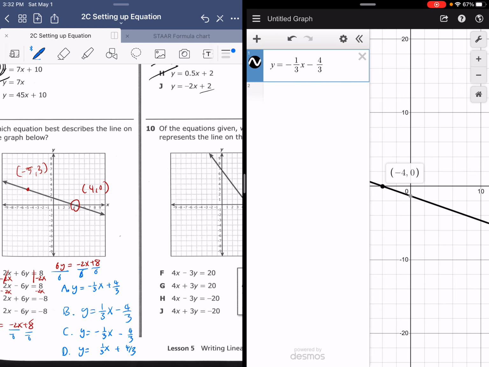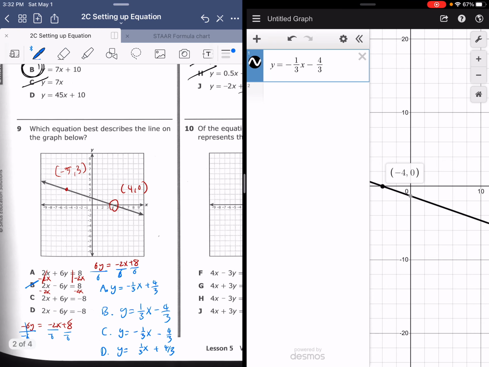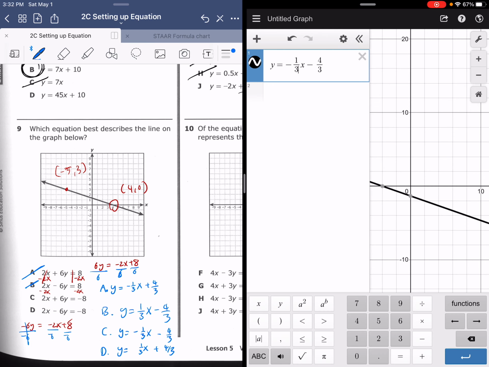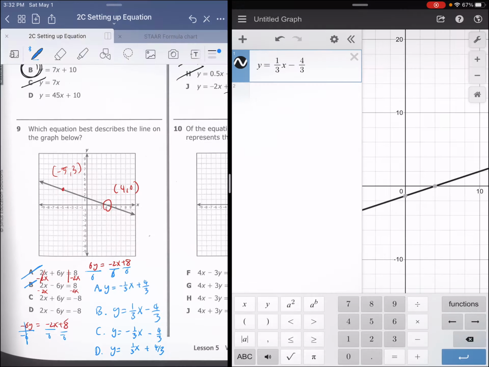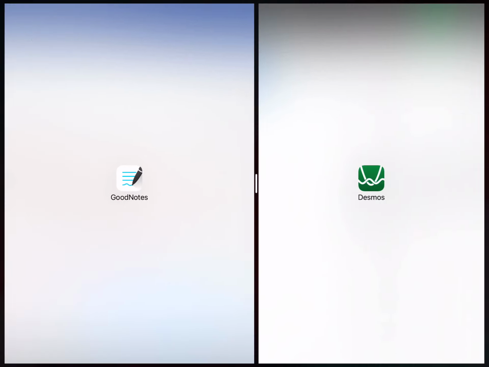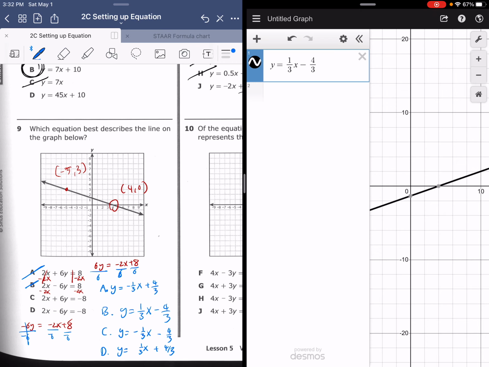This one's (-4, 0), right? Not positive 4. So this is not a solution. B is not a solution because this one has a positive 1/3 slope, right? If you do it, it's going up. This graph is going up, but supposedly this graph should go down. So that's not a solution.